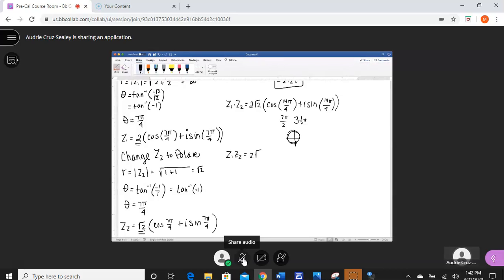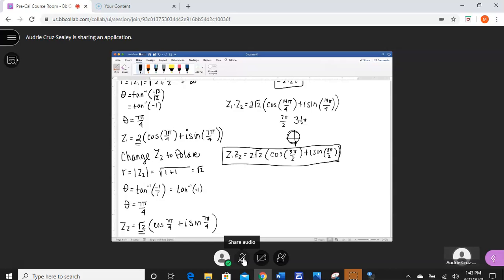So couldn't I write it this way? Isn't that a coterminal angle? We would end up in the same spot, but I'm only going one rotation. I'm within one rotation of the unit circle.